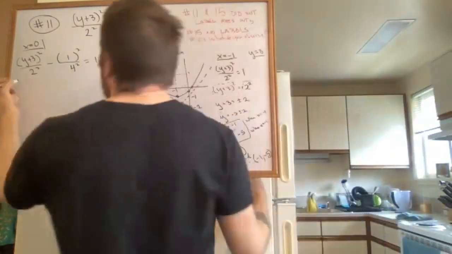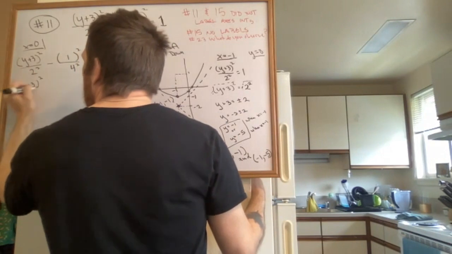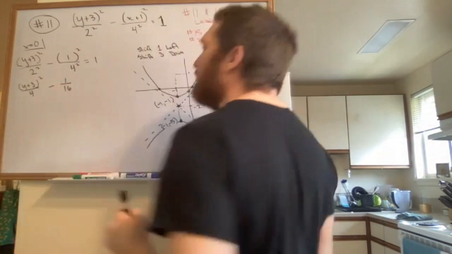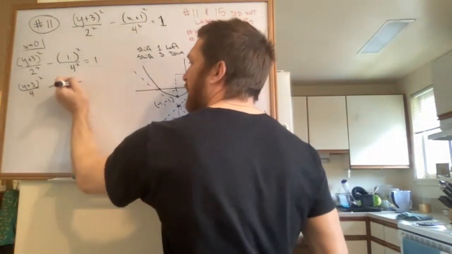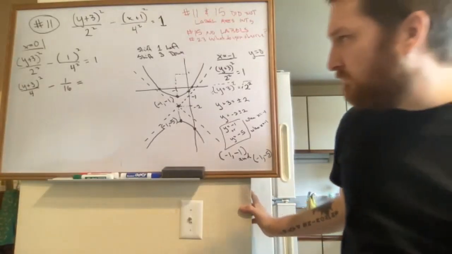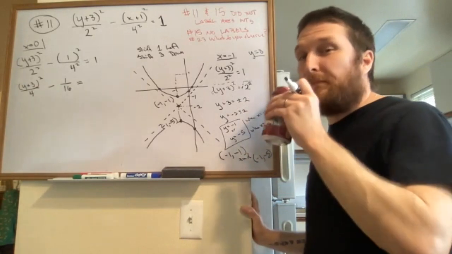You don't have to. I don't like to, but I think it's easier to see. So I'm going to rewrite that as a 4. I'm going to write that as a 1/16 like that. Are you following so far? Yeah. So I'm going to go ahead and rewrite 1.